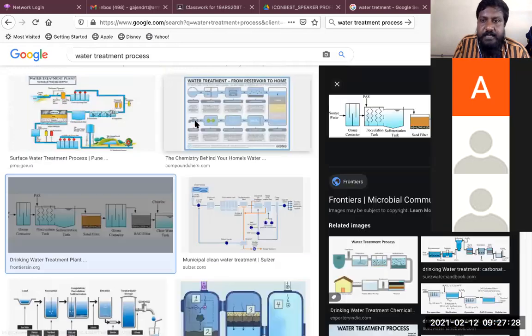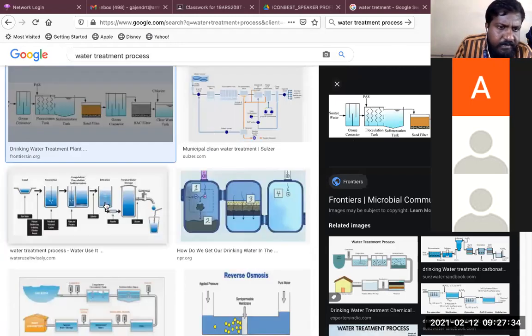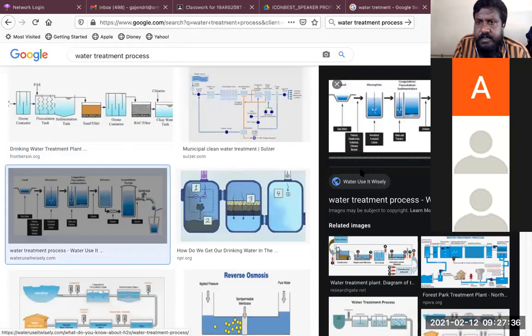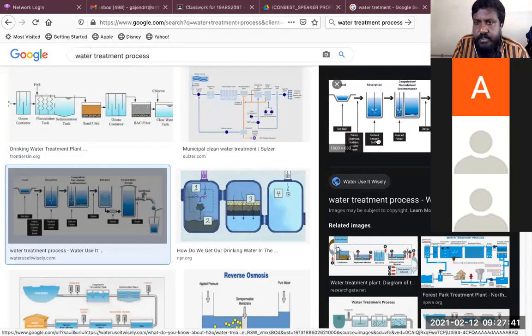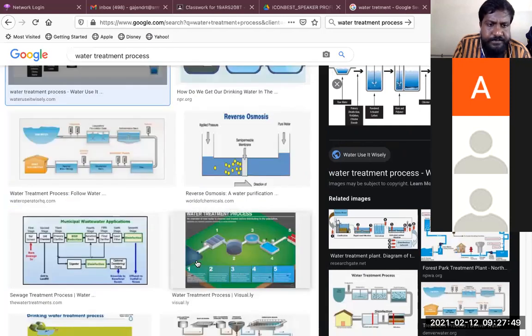For example, this one has an ozone contactor, flocculation tank, and sedimentation. Whereas if you can see the next one, it has raw water, powdered activated carbon, alum. Alum is used for coagulation.